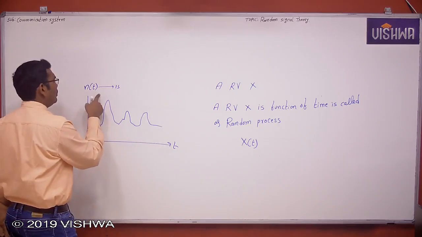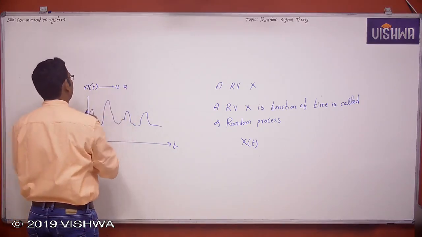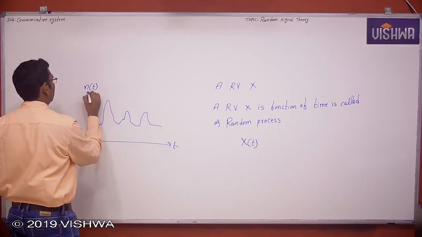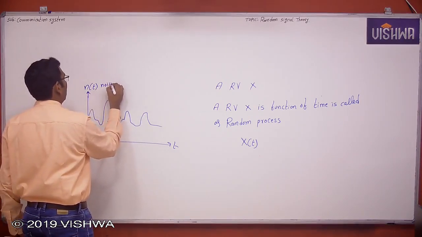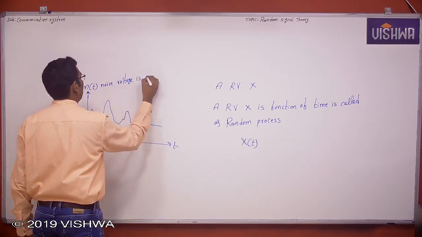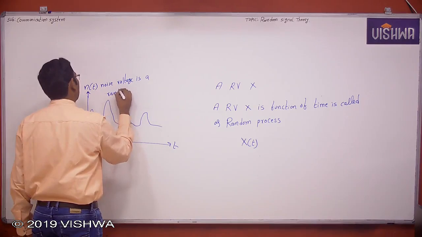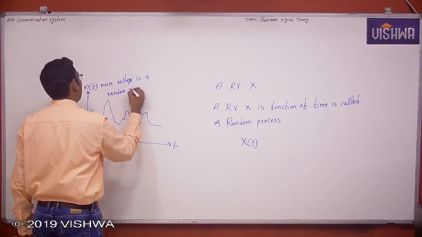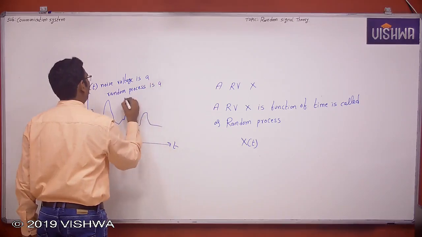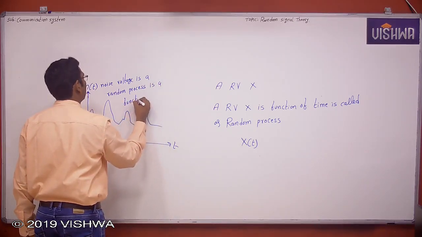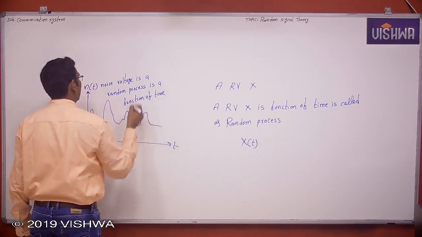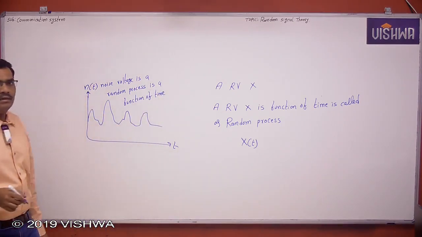The noise voltage is a random process, a function of time, because we cannot predict how much noise there is at this particular time.